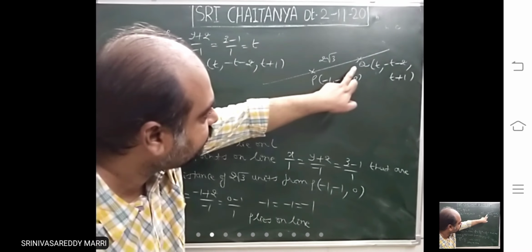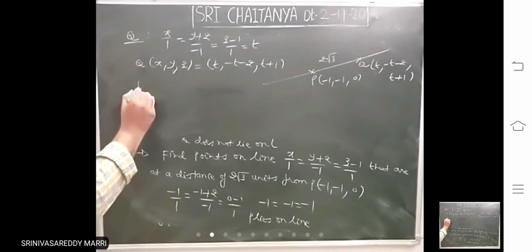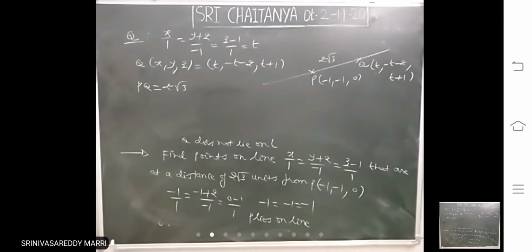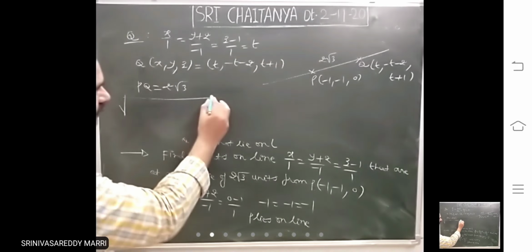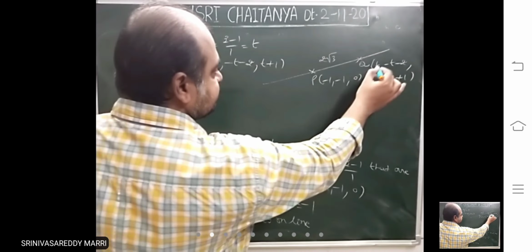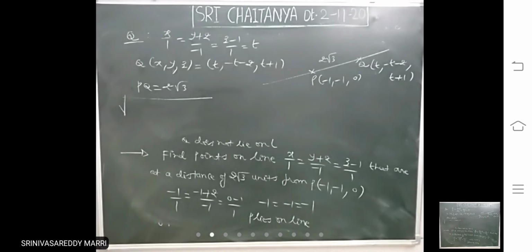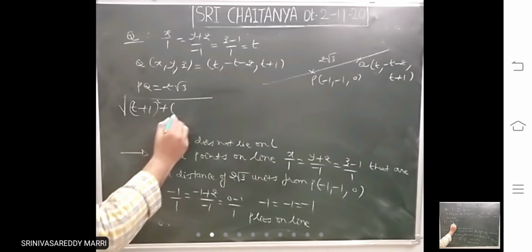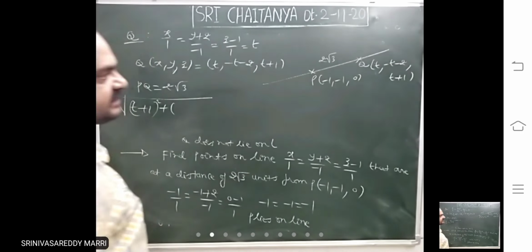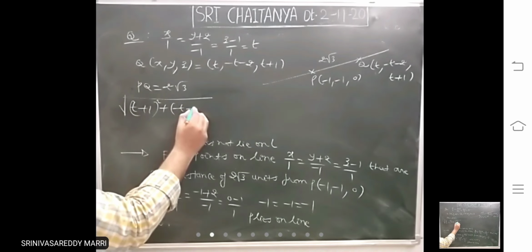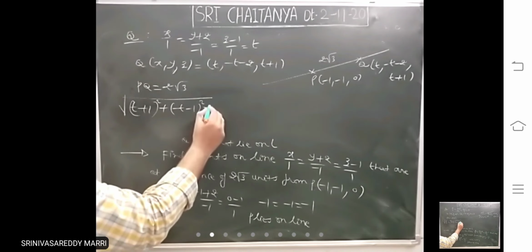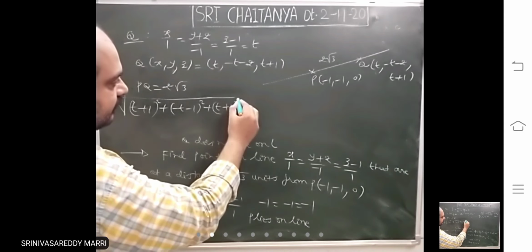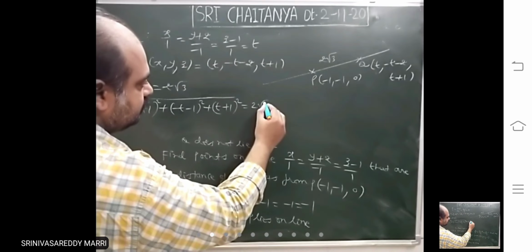What is the condition given? PQ equals 2 root 3. The distance between P and Q is 2 root 3. What is the distance between P and Q? You can easily write. This is x1, y1, z1 and x2, y2, z2. The distance between them is: x2 minus x1 whole square, T plus 1 whole square, plus minus 2 plus 1, so minus 1 whole square, plus T plus 1 minus 0 whole square, equal to 2 root 3.